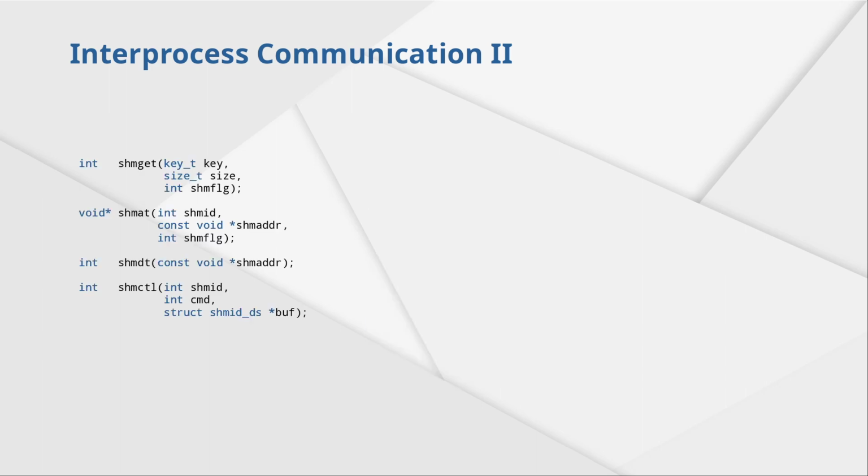In order to communicate processes over shared memory segments, you must follow the following steps. Create or get identifier of a shared memory segment by using shared memory get function. Then, attach your processes to the segment using shared memory attach function. You may start using the shared memory segment exactly the same as a dynamic memory array at this point.